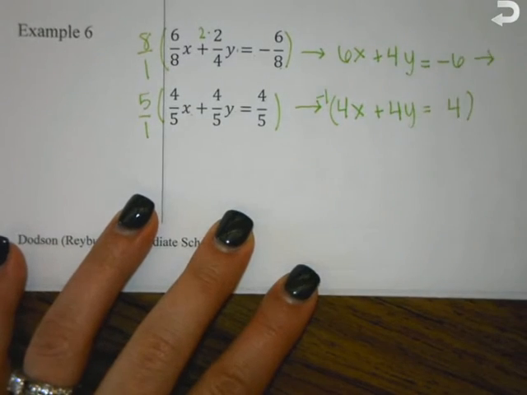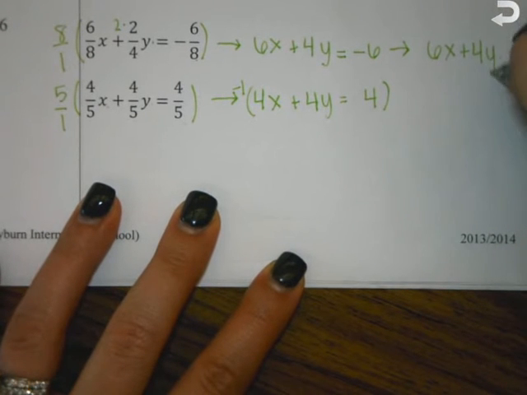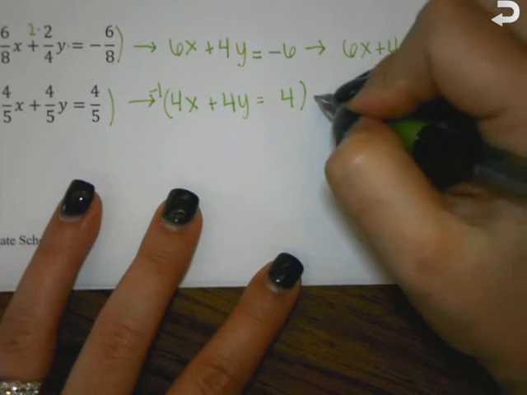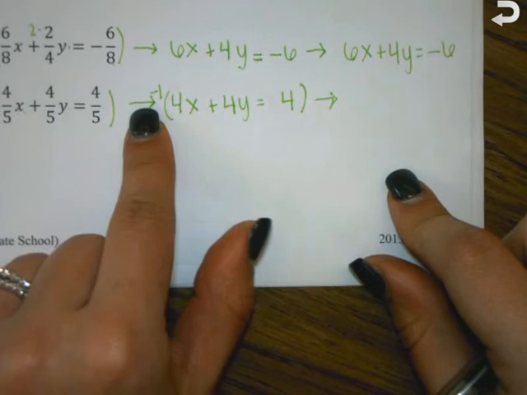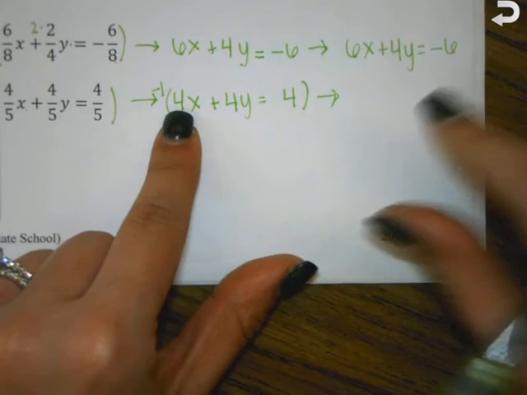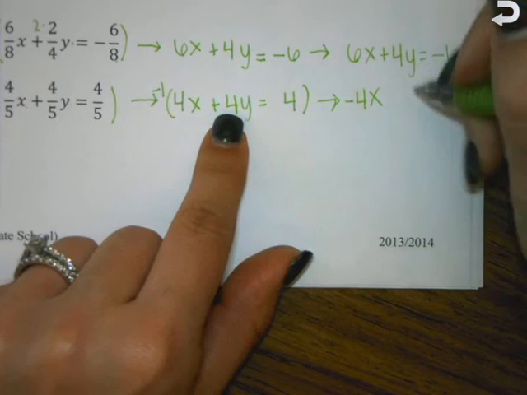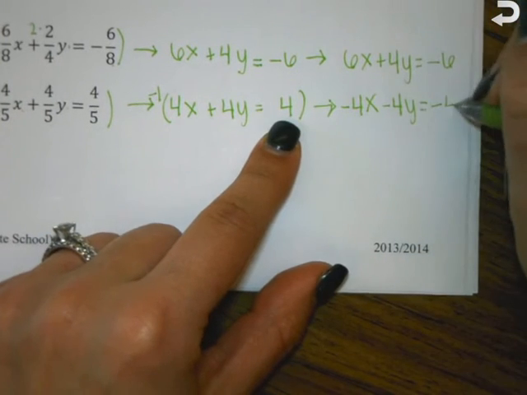That's going to give me 6x plus 4y equals negative 6. The top one doesn't change. And then multiplying the bottom by a negative just changes all of the signs. So negative 1 times 4x is minus 4x. Negative 1 times 4y is minus 4y. And negative 1 times 4 is minus 4. Yeah? Okay.